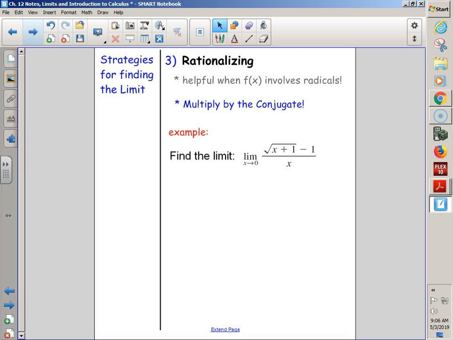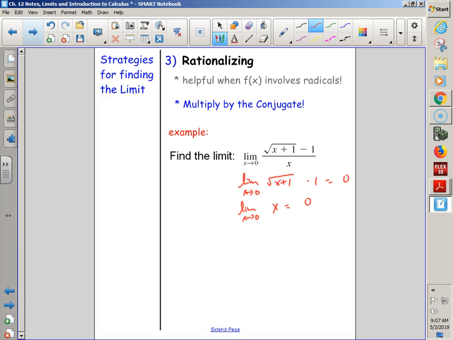As you're writing, does plugging in work? Property of limit says, go with the top, go with the bottom. See what's happening. Don't I get a 0 over 0?